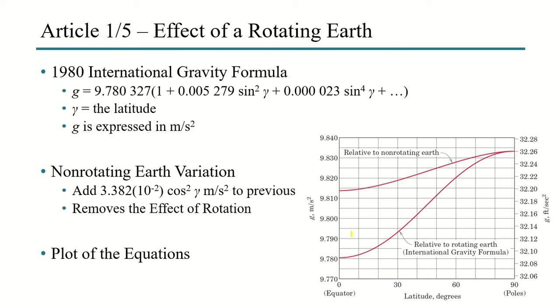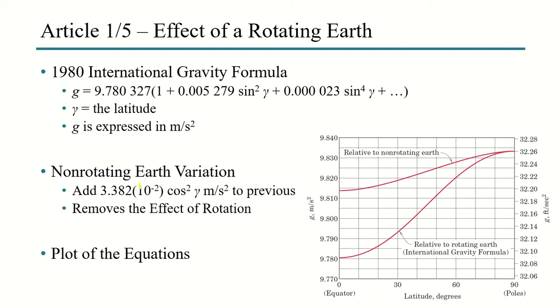If you look at this illustration, gamma is measured from the horizontal part of this coordinate system, and g is expressed in meter per second squared. Now for the non-rotating Earth variations, you simply add to this formula.